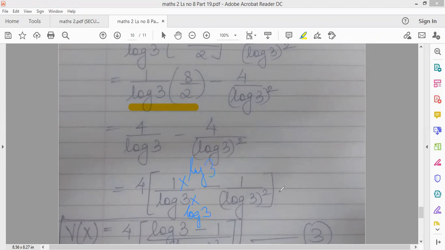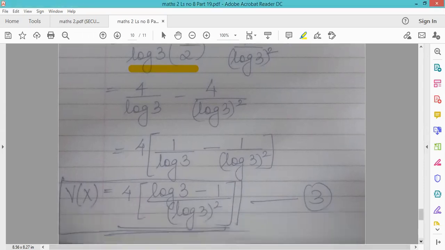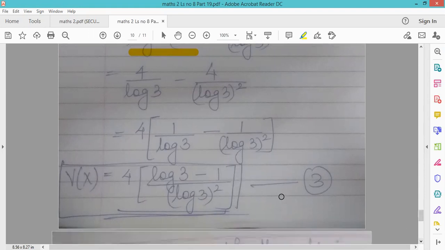So you are multiplying 1 by log 3, and at the same time you're multiplying log 3 with one more log 3. So the final answer left is log 3 minus 1 upon log 3 the whole square. So your final answer of V of x is 4 into log 3 minus 1 upon log 3 the whole square. So with this we have found out the third part as well.